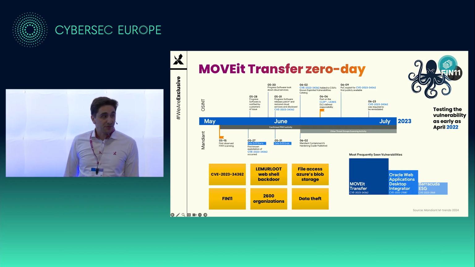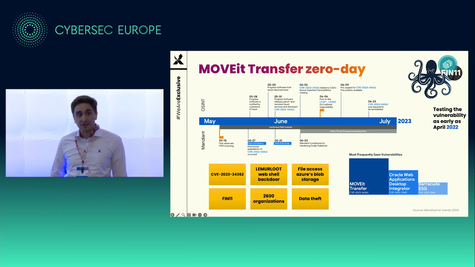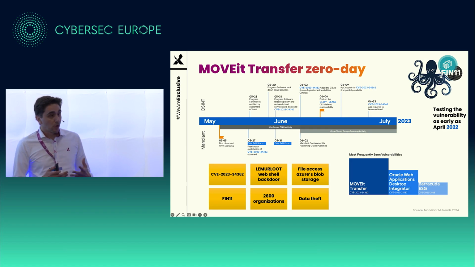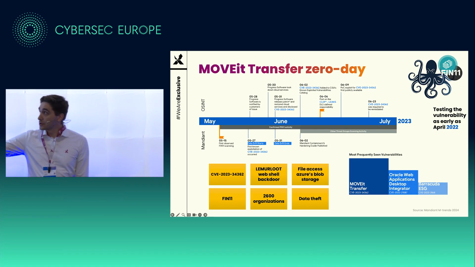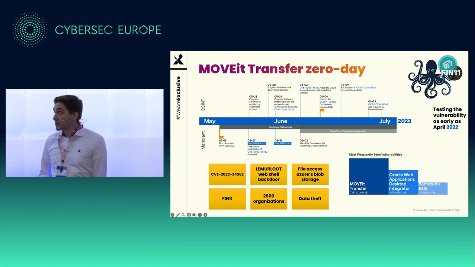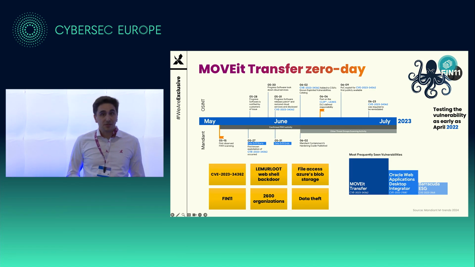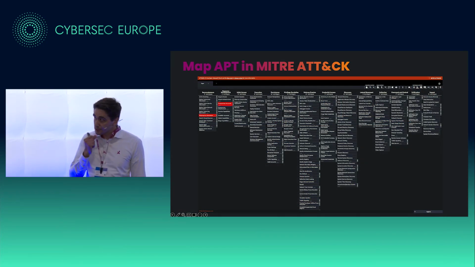And they went in pretty fast, right? They got a lot of data out. The whole goal was data theft. More than 2,600 organizations infected. A lot of analysis has been done on this one. As you can see, it was also the most frequently exploited vulnerability last year. So 2 examples of advanced hacks that are out there, not just done by script kiddies.